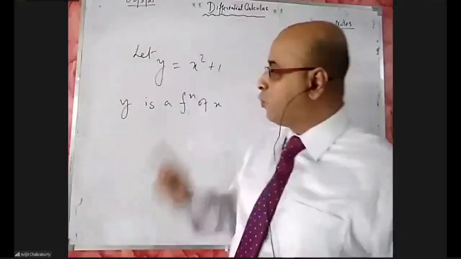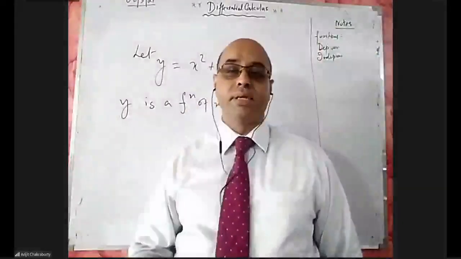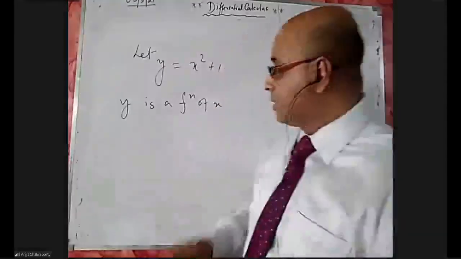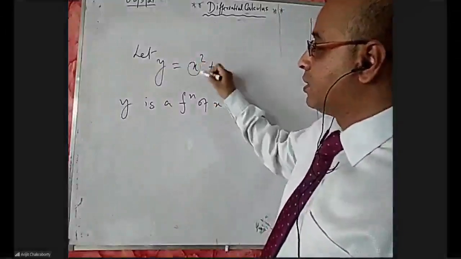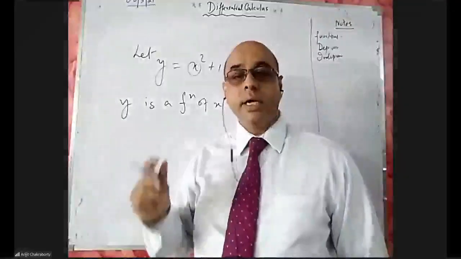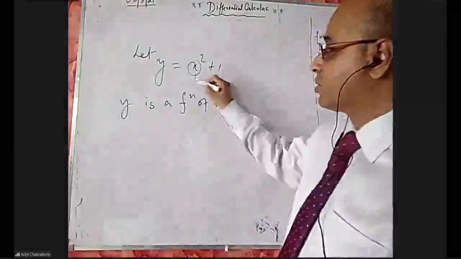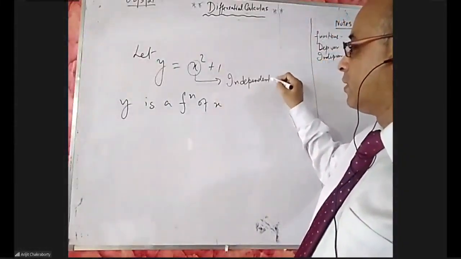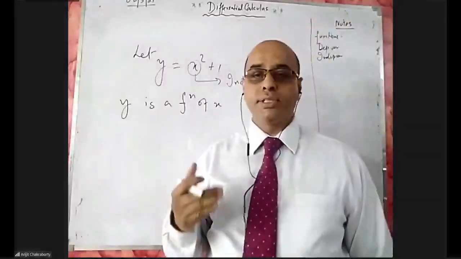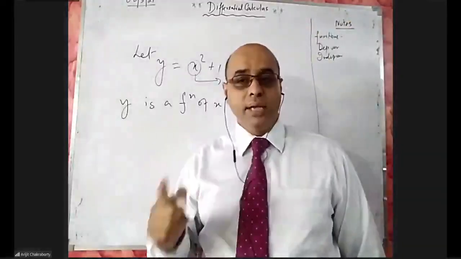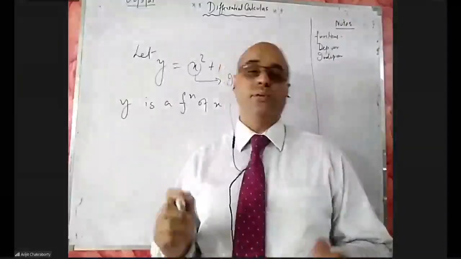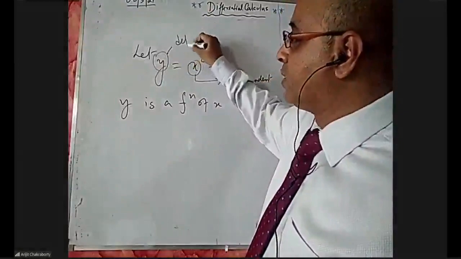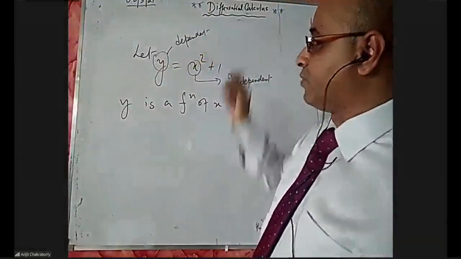But the question is, which one is the independent variable and which one is the dependent variable? Here, if you see, x is the independent variable. So I will write independent. That means x can assume any values, but the value of y will depend on the value of x. So here y is the dependent variable.